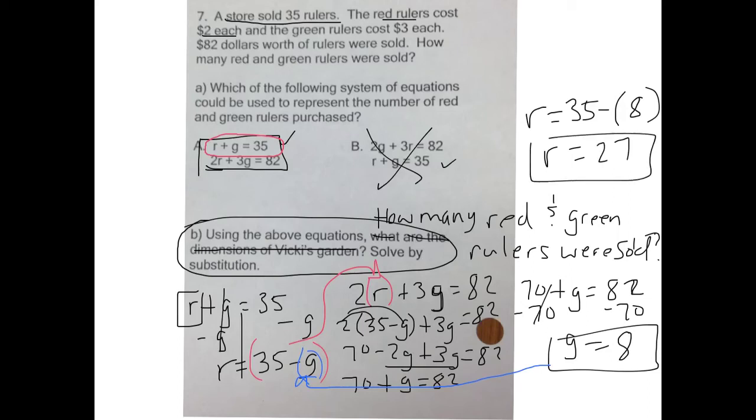So there's your answers. 27 red, 8 green. If you add them up, 27 plus 8 is 35. If you multiply them by $2 for the red and $3 for the green, you get $82 spent. Okay? Pretty involved problem, pretty tough, but that's as hard as they get in terms of these substitution problems.